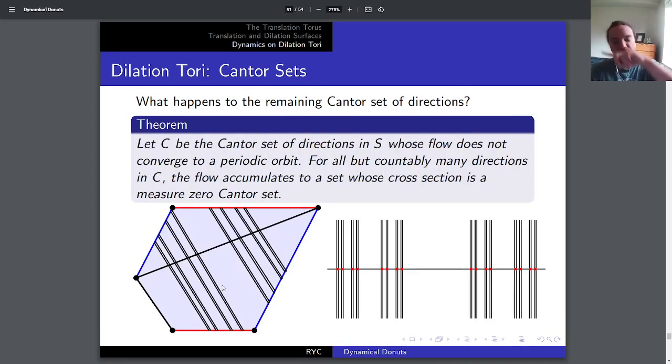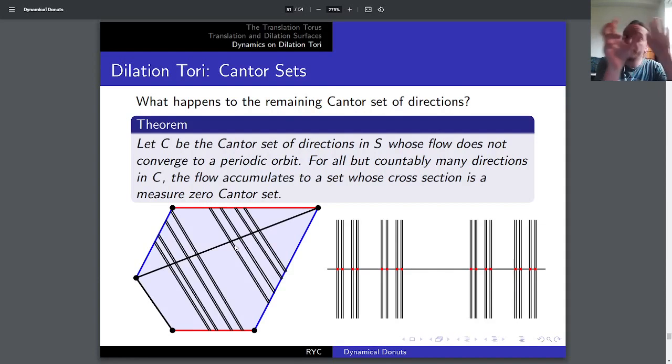I mean that if you flow in this direction, you're going to kind of accumulate onto all these lines. And if you cut across those lines, what you're going to get is a Cantor set. Okay? So this is kind of like a lengthened Cantor set that we are converging to as time goes on. This is what your flow does, and this fractal just kind of pops up out of nowhere. And the crazy thing is it's a totally unrelated Cantor set to the Cantor set of directions.